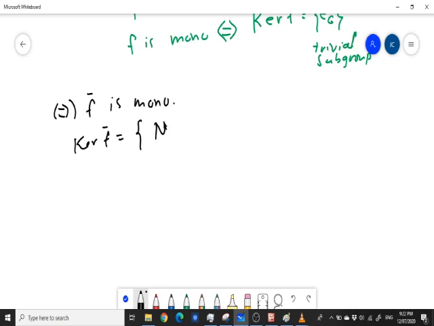It's n, right? This is the identity element of G mod n. En equals n, right? So that is true. We have to show that n is equal to the kernel of f.